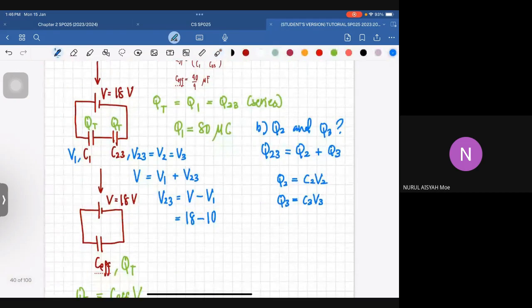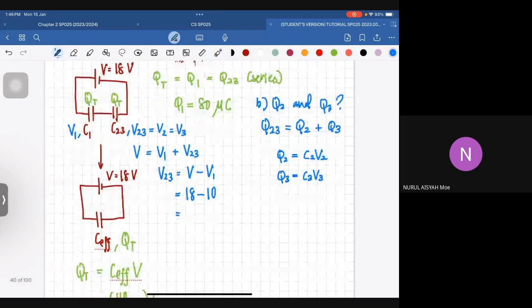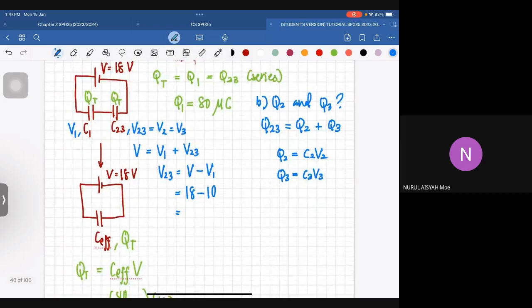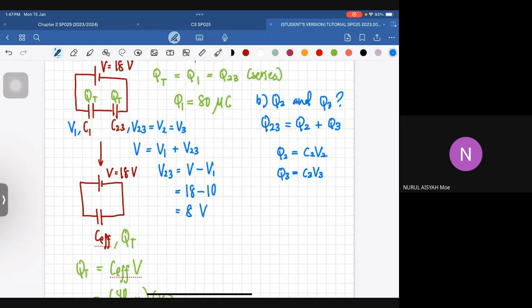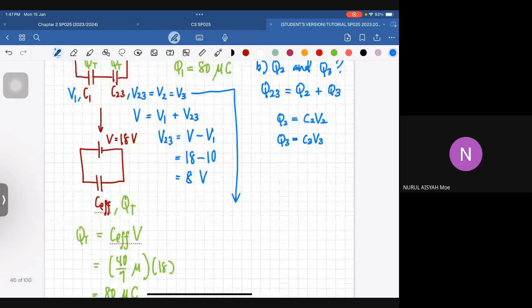So from here, the voltage for capacitor 2 and 3 is equal to 8 volt. Then we look back at the characteristics for a parallel circuit: it must be equal. So V2 equals V3, which is equal to 8 volt. So this is equal to the V23 from before.